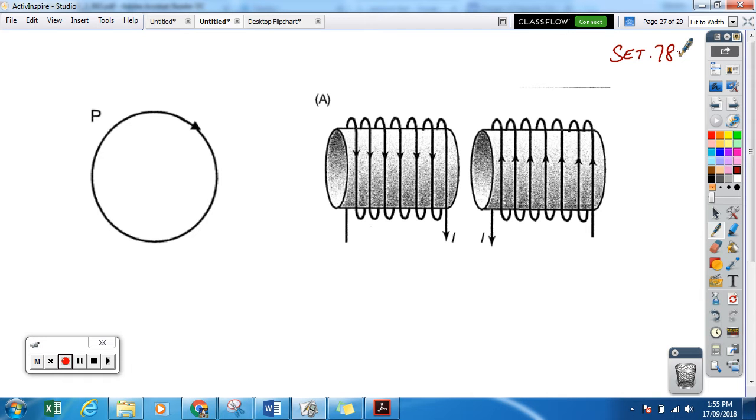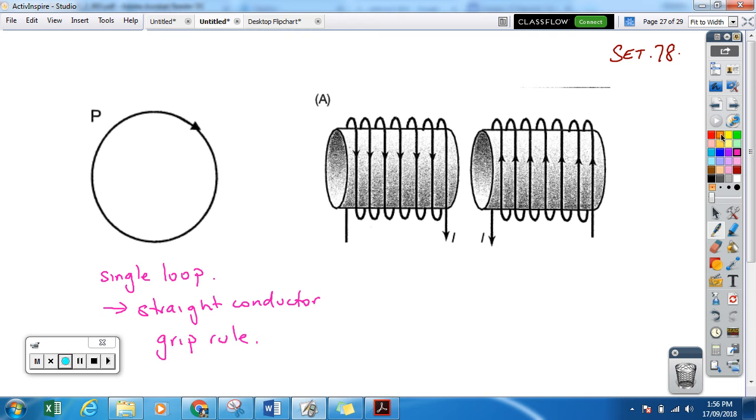When you've got a single loop, then we simply use the straight conductor grip rule to find the magnetic field.